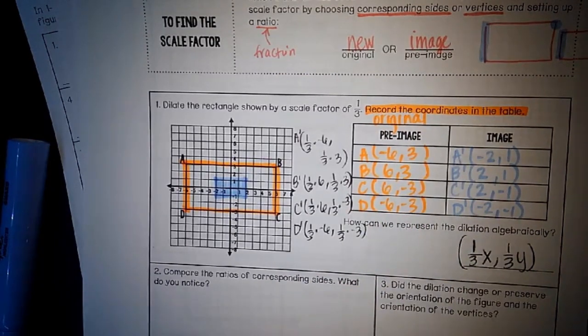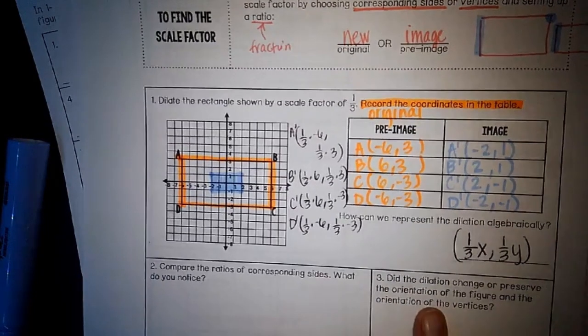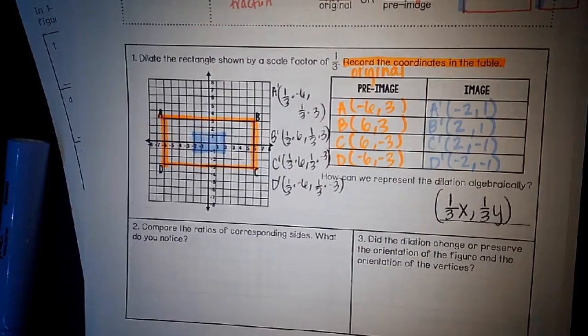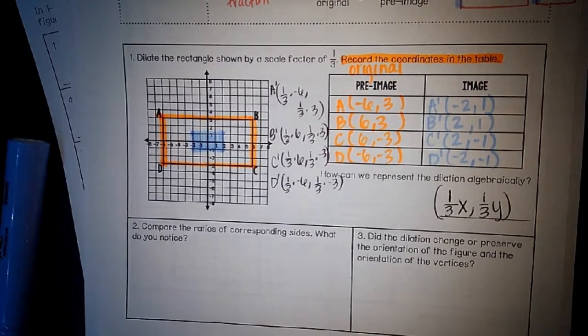The last question: did the dilation change or preserve the orientation of the figure and the orientation of the vertices? So basically it's asking, did it change all of the sides in comparison to the other one, or did it keep it? Like, is it still the same rectangle? So it's preserved.